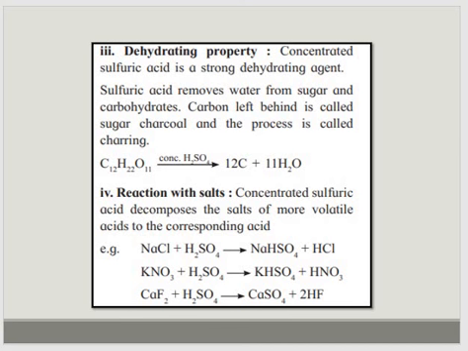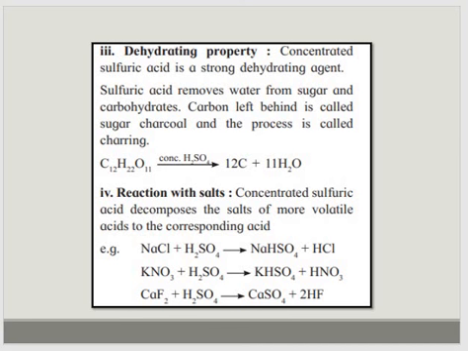For example, sodium chloride treated with sulfuric acid gives you sodium bisulfate and HCl. Potassium nitrate on treating with sulfuric acid will give you potassium bisulfate and nitric acid. And calcium fluoride on treating with H2SO4 will give you calcium sulfate and HF.